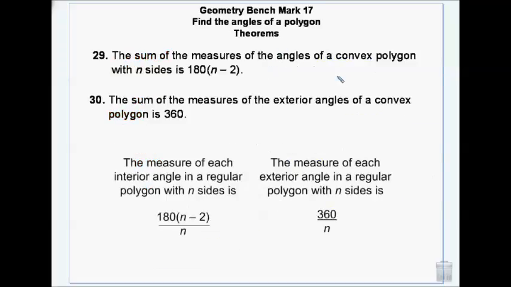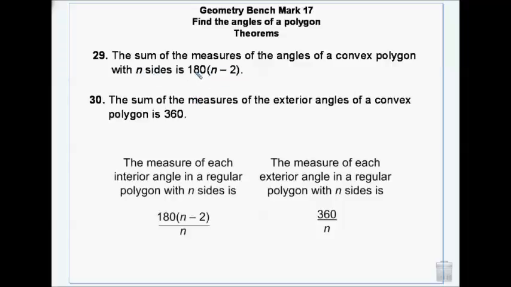If you have a convex polygon, so it has to be the bubbly one, not the caved in one, and you want to figure out how many degrees the angles are, so you know how a triangle is 180. Well, we can figure out the degrees of any number of sided figure using this formula right here.